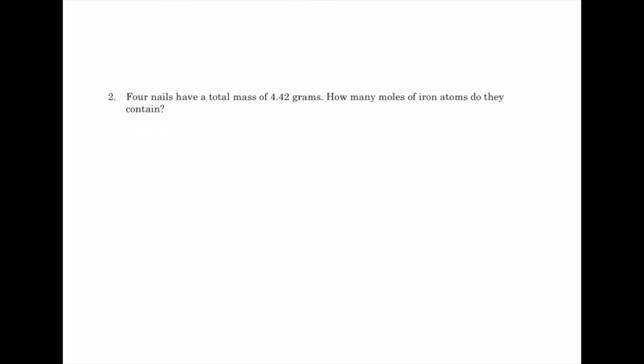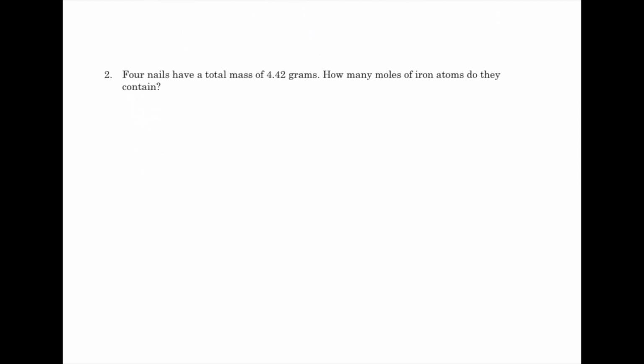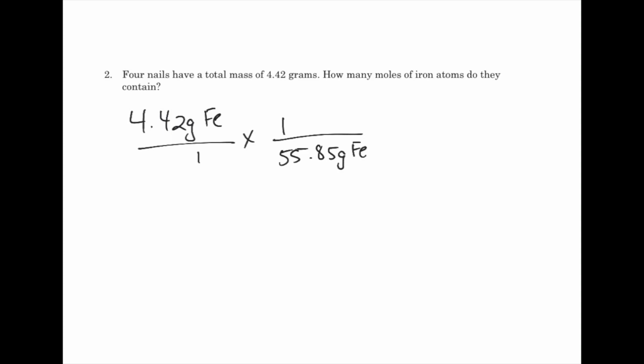We have 4 nails that have a total mass of 4.42 grams, and we want to know how many moles of iron atoms this contains. So we can start with our 4.42 grams of iron. All right, the molar mass of iron is 55.85 grams for every 1 mole.